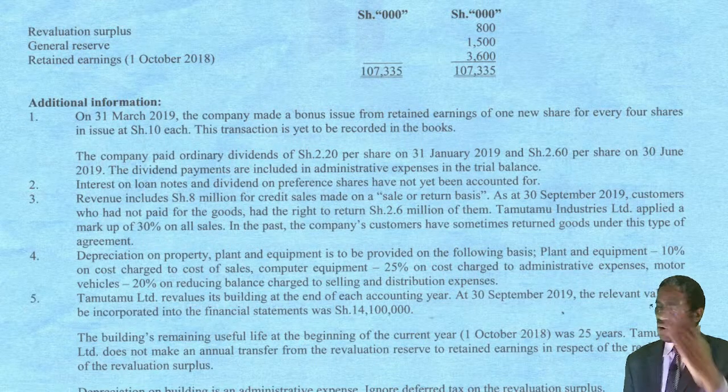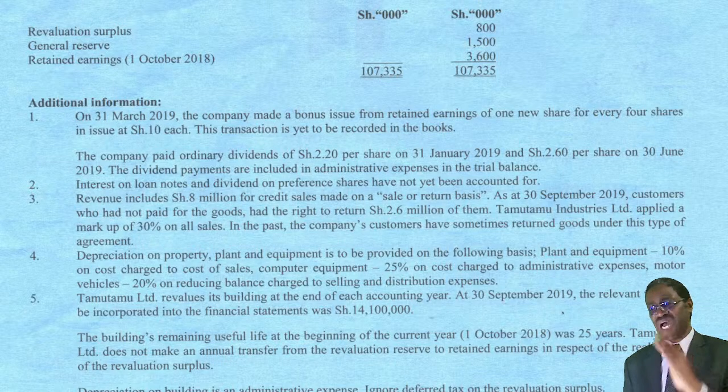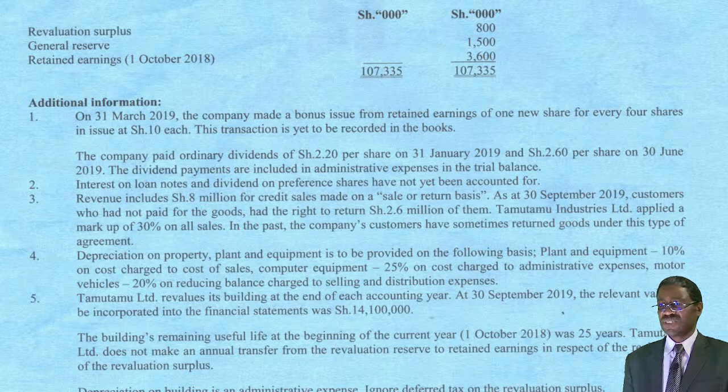Okay, so out of the total sales, 8 million are credit sales, goods that were sold on credit. But then these goods were also sold on a sale or return basis, meaning a customer could return them anytime.